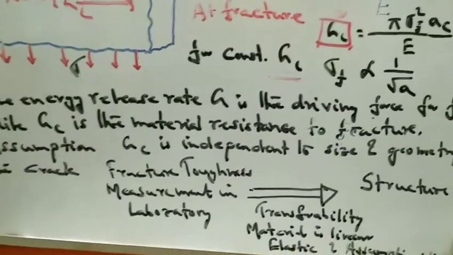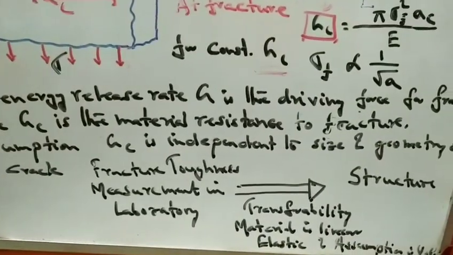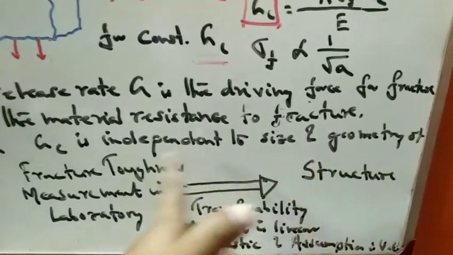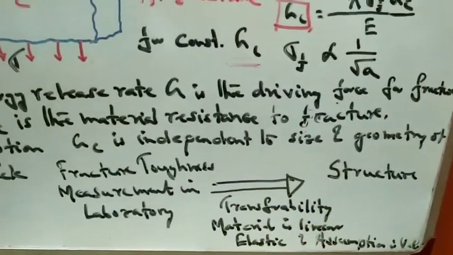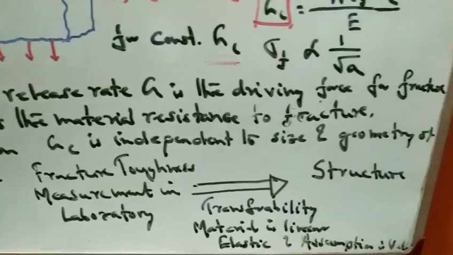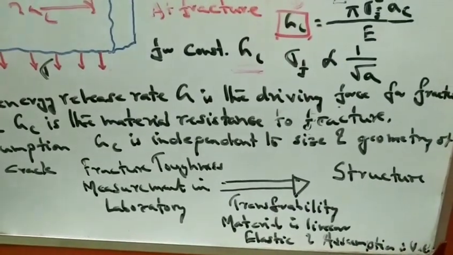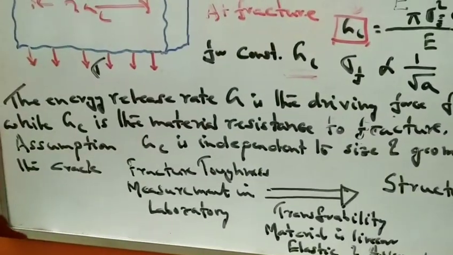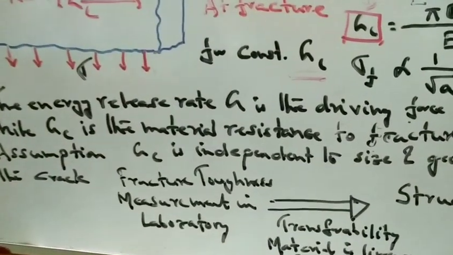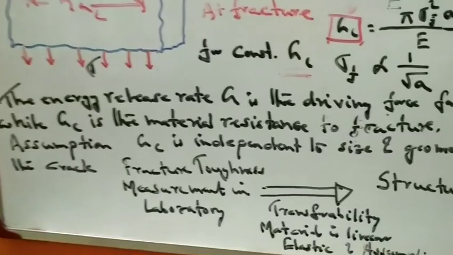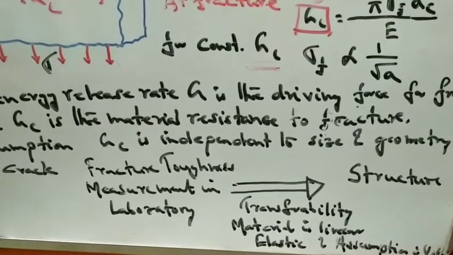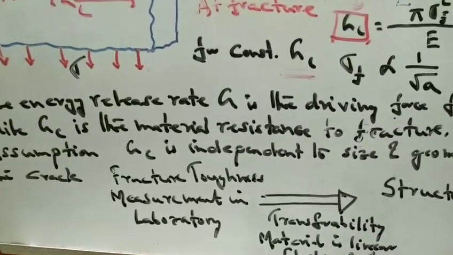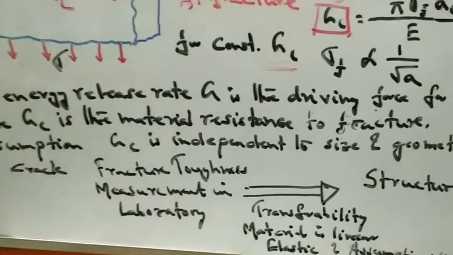Fracture toughness measured in a laboratory for a specific material can be transferred to a structure, and that is called transferability, if two things remain valid. One is that the assumption is valid, that Gc is independent of size and geometry of the crack. Then the fracture toughness measured in the laboratory can be transferred to the structure.